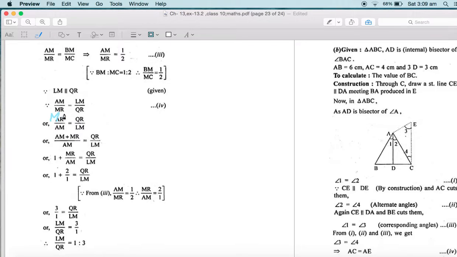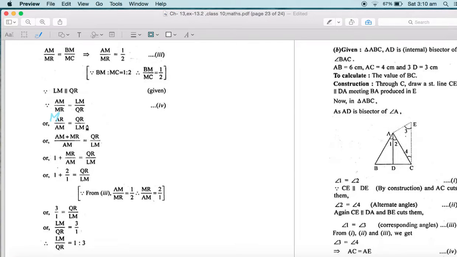It comes out MR upon AM equals QR upon LM. Understood, I hope. Now what is MR? It is the sum of two of the sides. MR total is the sum of AM and MR. So can I write it as AM plus MR upon AM equals QR upon LM?